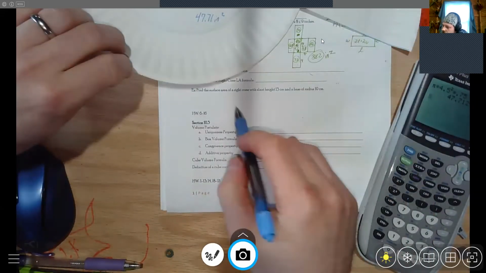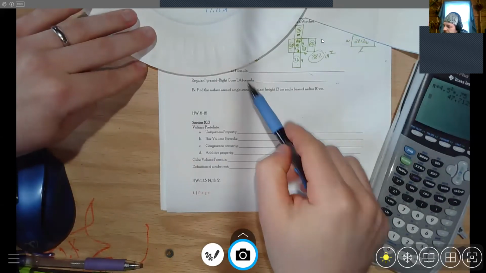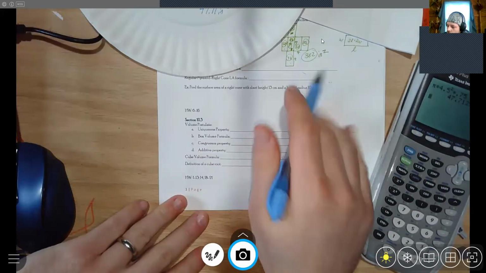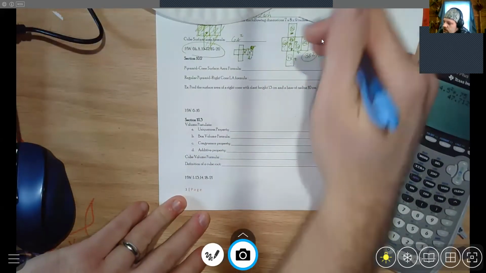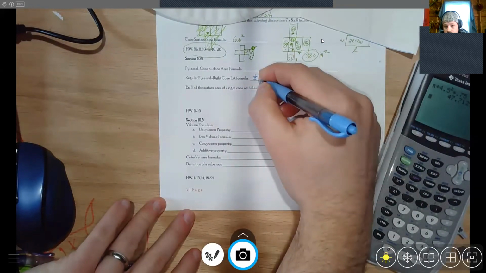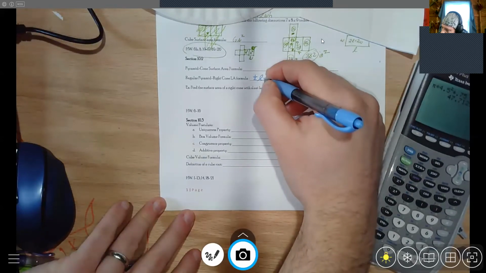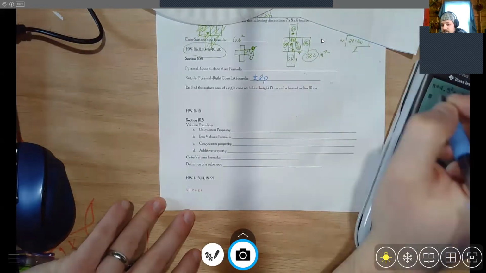Okay, so looking here at the regular pyramid and right cone lateral area formula, the formula is 1/2 times the slant height times the perimeter of the base. That's the formula.